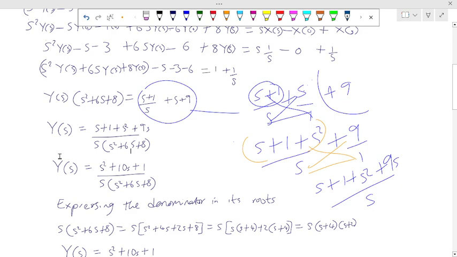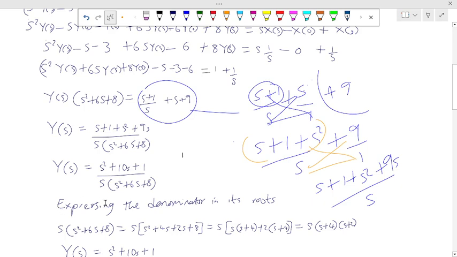This expression now looks like what we had in the previous video, where we said to decompose this thing. This is a rational function, because a function that has something over something is a rational function. So in order to reduce this to a simpler sum of fractions for us to take the Laplace inverse, we now use the partial fraction decomposition technique here.